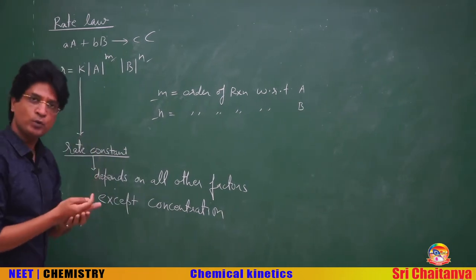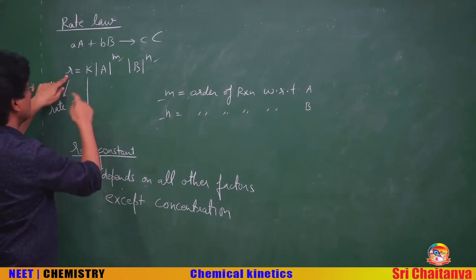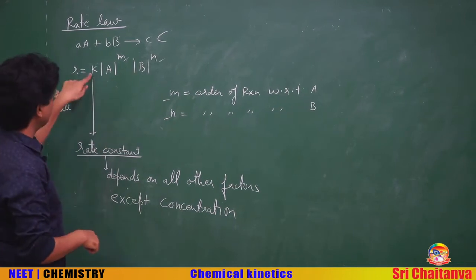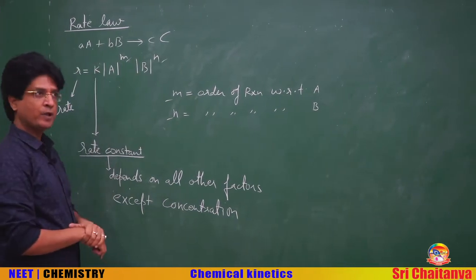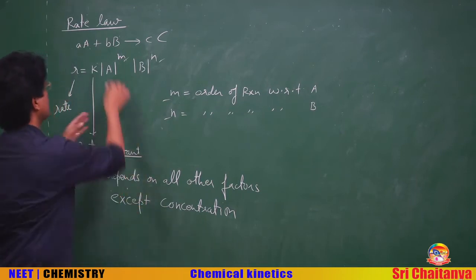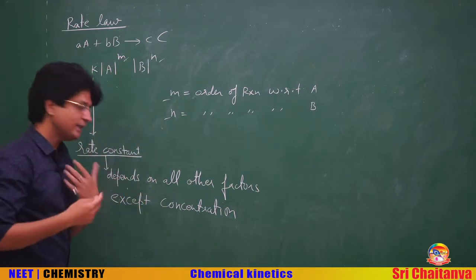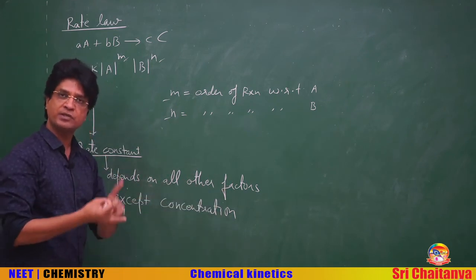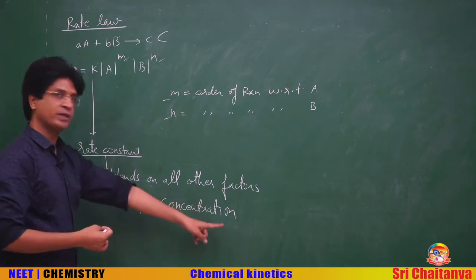Now in this definition, concentration is straight away given the priority. So what we are trying to do? We are trying to measure the change in the rate when we change concentration while keeping all other factors constant. So other factors are kept constant, and that constant is called rate constant. So I can say that rate constant depends on all other factors like catalyst, temperature, surface area, etc., except concentration.